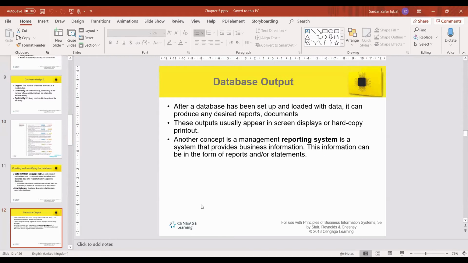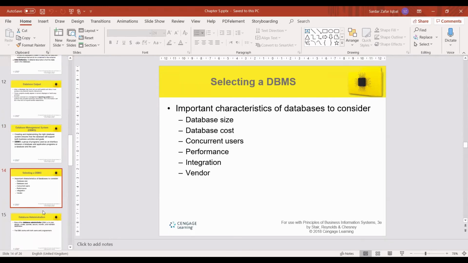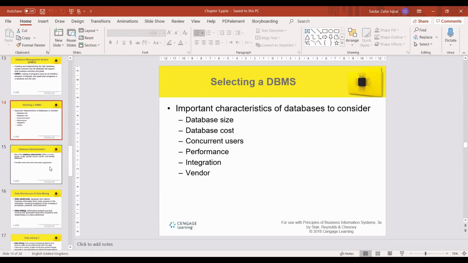DDL, we discussed the output, DBMS, selecting a DBMS. Guys, what is DBMS? Anybody knows DBMS, database management system?